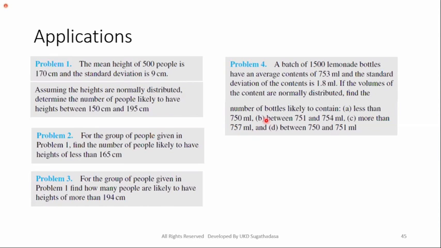So we have to do 1 minus 0.9868. You read the table, 1 minus 0.9868. So that will be a very small number, no? 0.0132. If you multiply by 1500, you get approximately 19 point something, that is approximately 20 bottles.